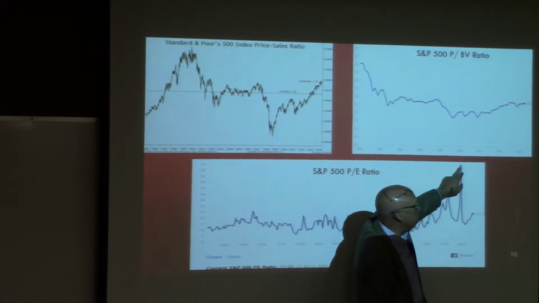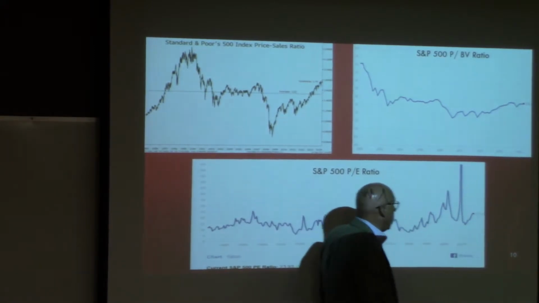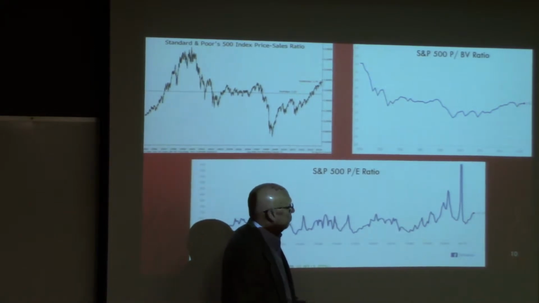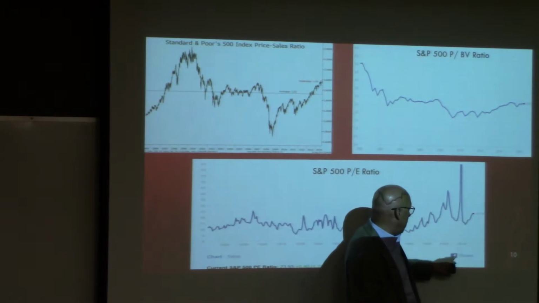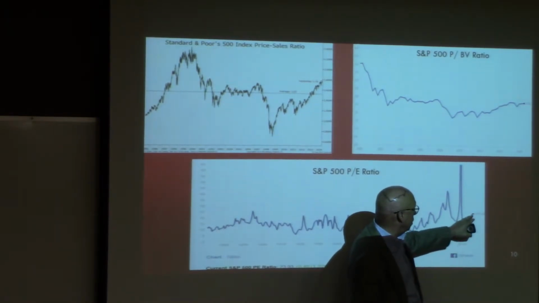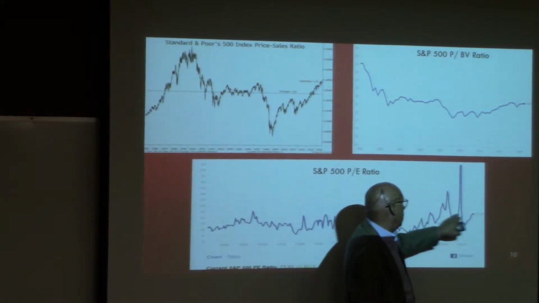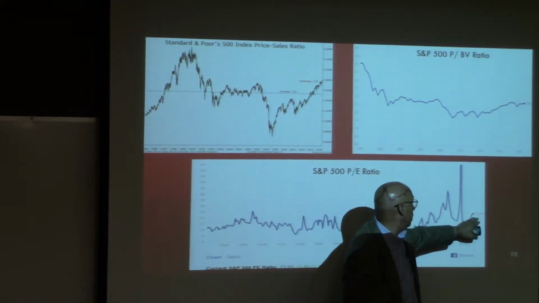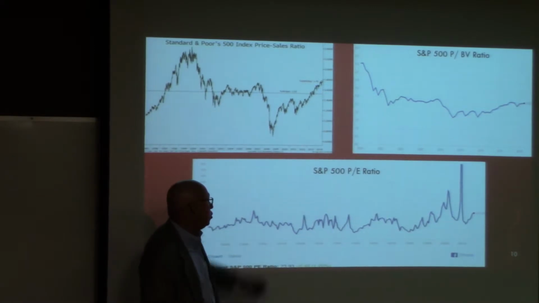The reason the PE ratio got really high in 2008 isn't because the market was high, it was because earnings disappeared. Then they bottomed out around 2009 and started coming back out. We're trading now at around the 24 range, a little bit lower than that now, but still much higher than we were historically.